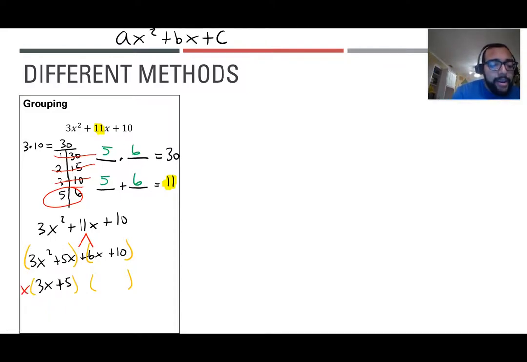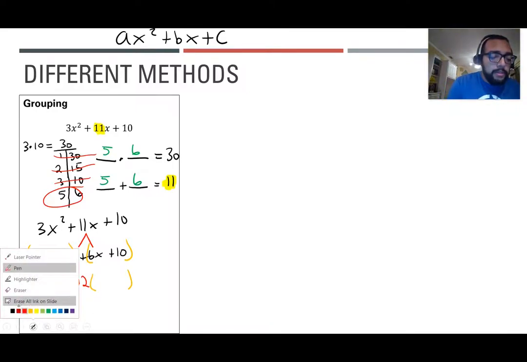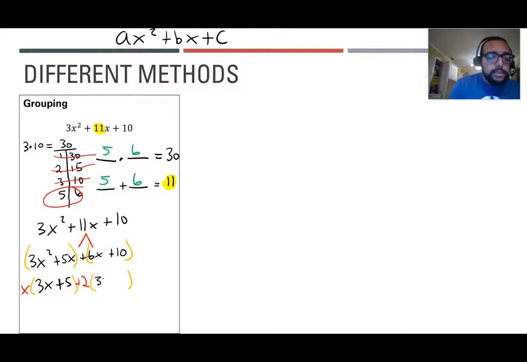So I can take out a positive 2. When I take out positive 2 here, I do 6x divided by 2, which would be 3x. And then 10 divided by 2, which would be 5.